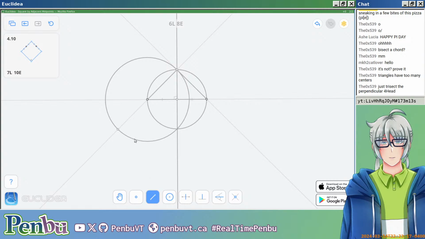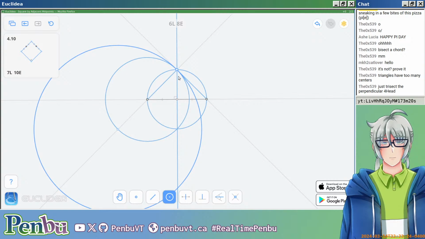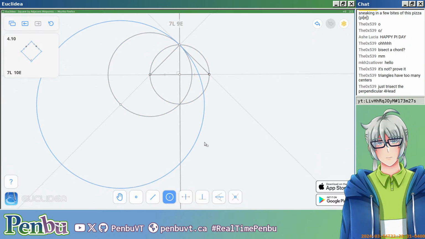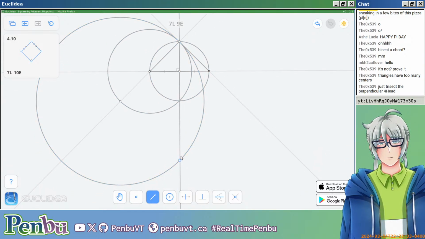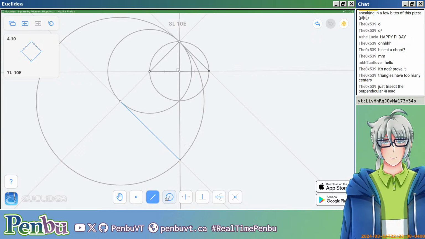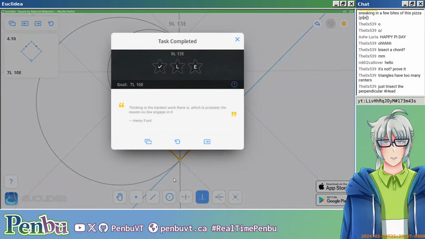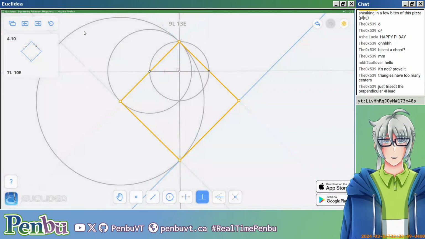And this is now 90 degrees too. And we can create a perpendicular from here to there. Okay. Let's try that again.